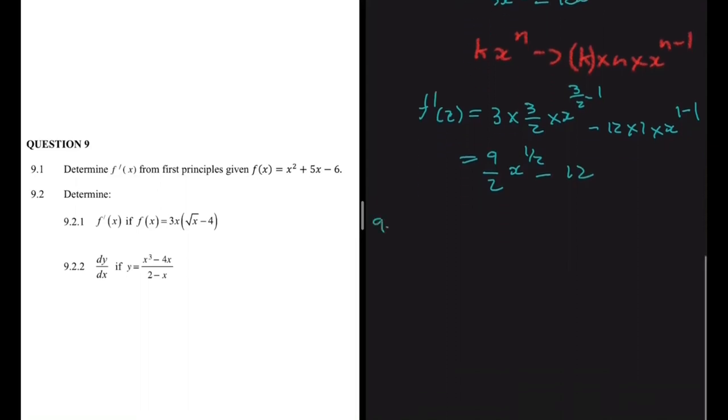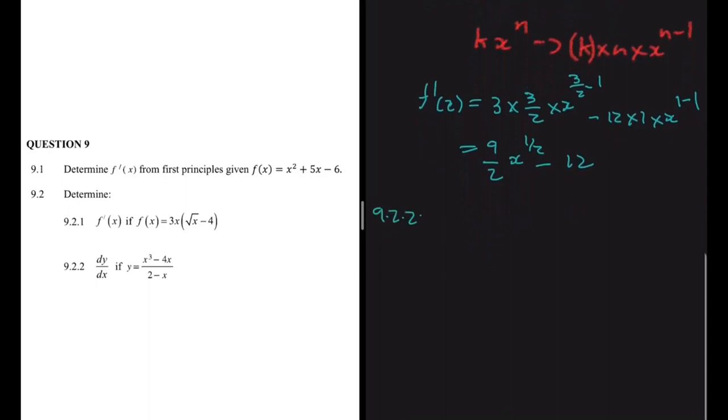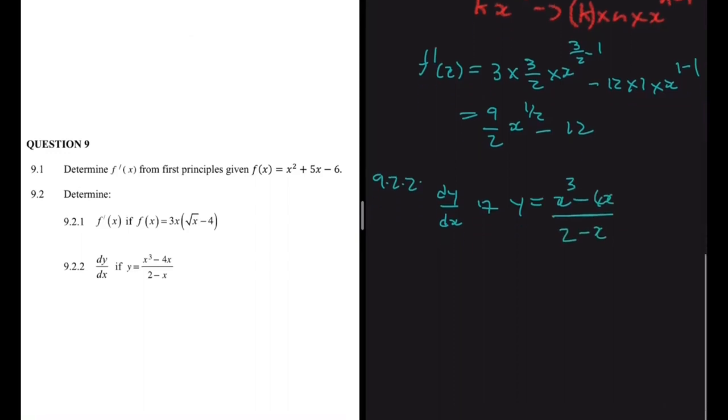Let's do 9.2.2. So 9.2.2, let's find dy dx if y is equal to x cubed minus 4x divided by 2 minus x. This one is a bit complicated, right? But let's see what we can do. Let's take x as a common factor on the numerator, right?